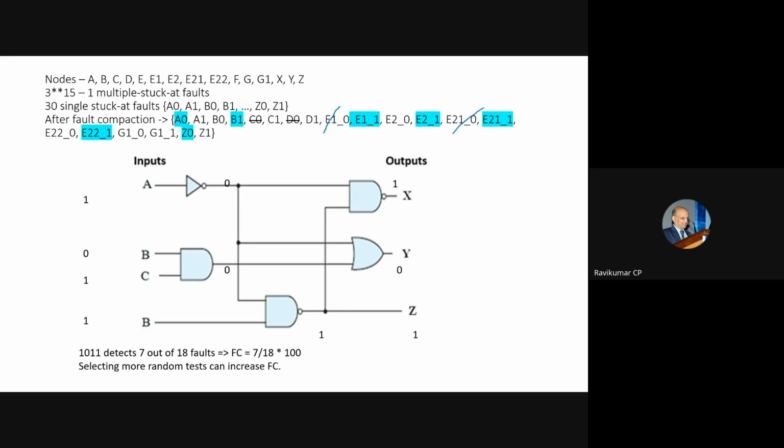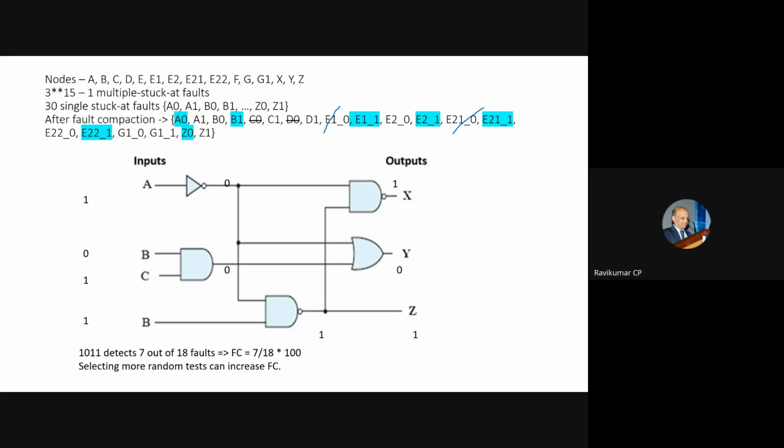Or the other reason to stop is we are able to prove that a particular fault is untestable. Okay? So sometimes a fault could be untestable because, I would have explained this in the notes or rather in the class video.